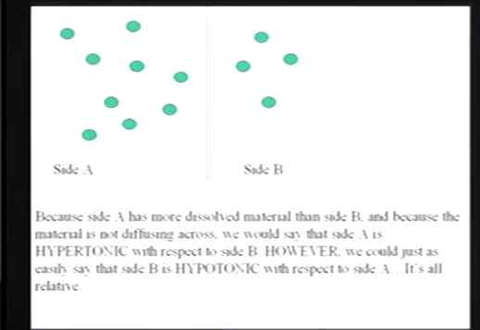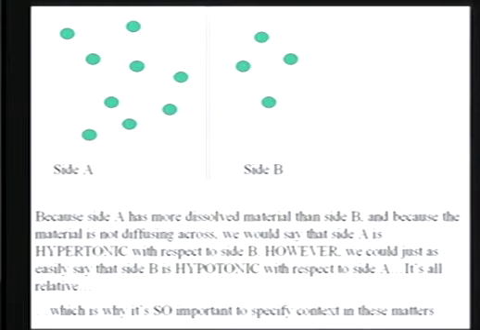Are we talking side A versus side B? Are we talking side B versus side A? So it's all relative, and that's why it's so important to specify context when we're talking about solute concentrations across lipid bilayers.